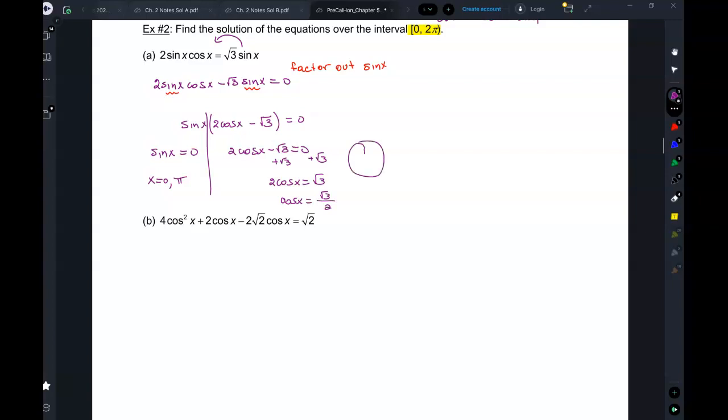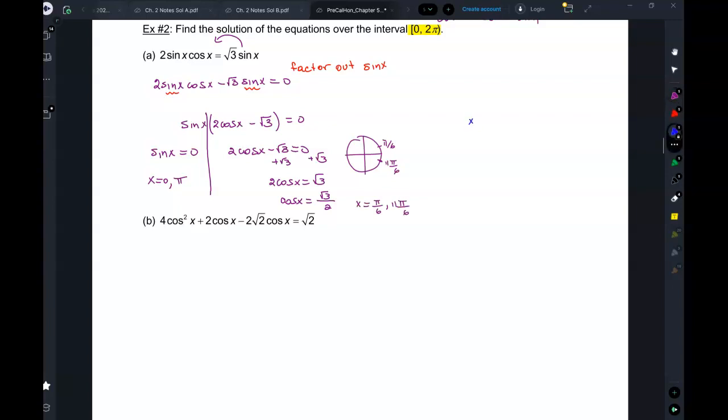Where is cosine equal to root 3 over 2? Pi over 6, and where is it positive? It's positive here. So 11 pi over 6. Okay, so x is pi over 6, 11 pi over 6.